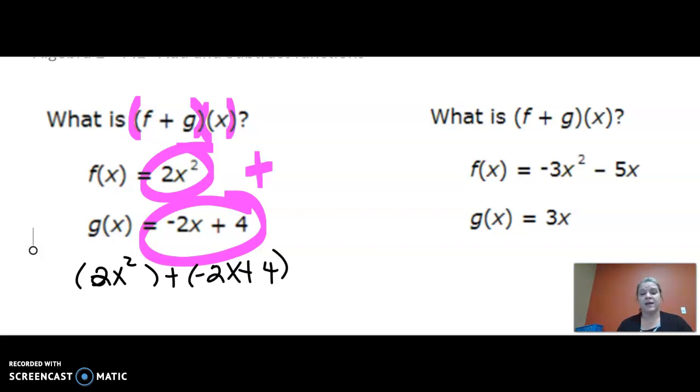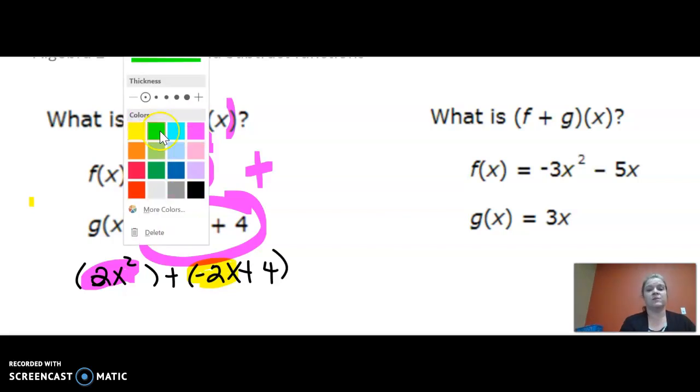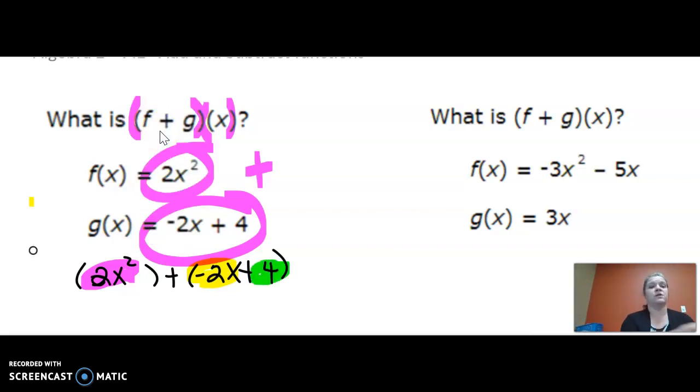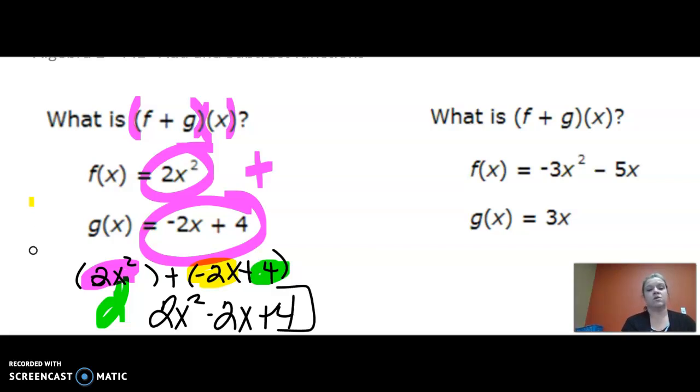Because we're adding, we're going to add like terms. We only have one thing being squared, so it's by itself. Then we have just an x, so it's by itself, and we have a 4, so it's by itself. So in this problem there wasn't anything to add because we couldn't add them together.